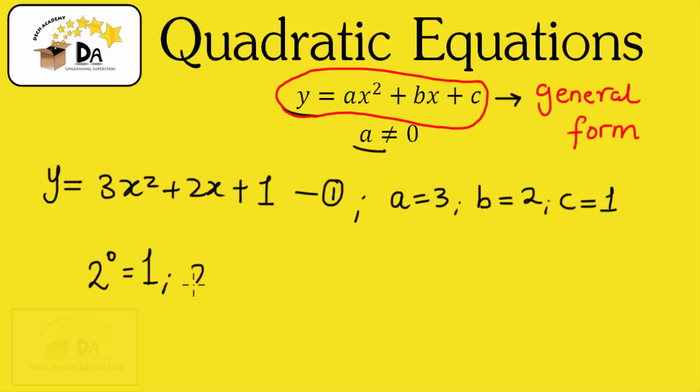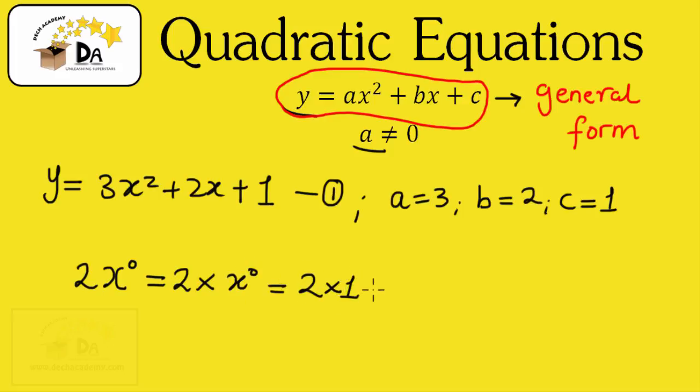The variable x to the power of 0 is 1. So if I write 2x to the 0, that is 2 times x to the 0. x to the 0 is 1, so 2 times 1 is 2.